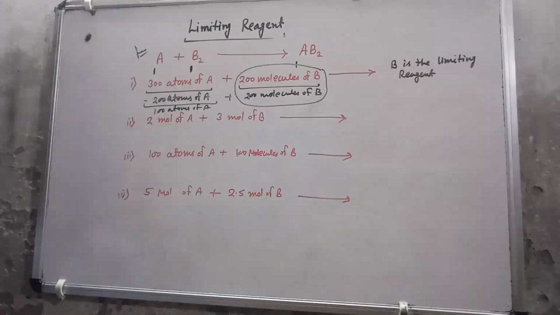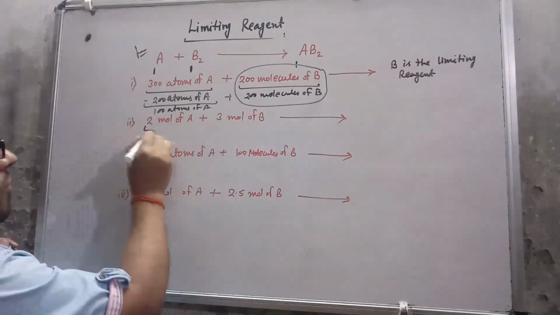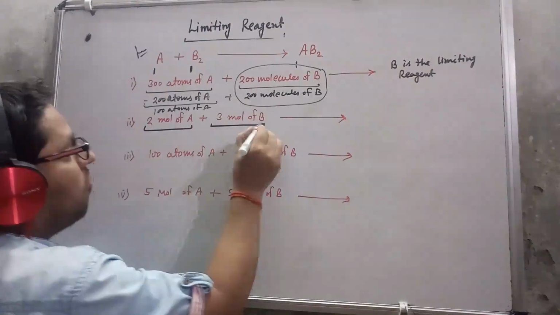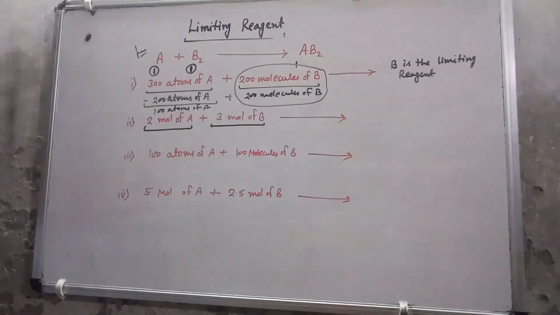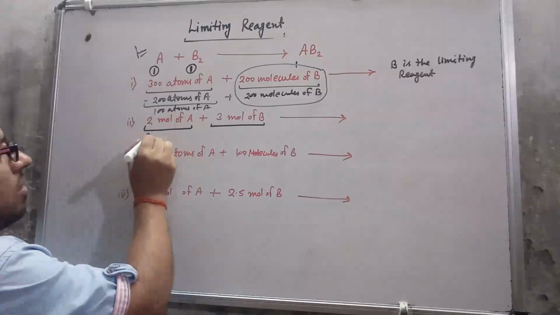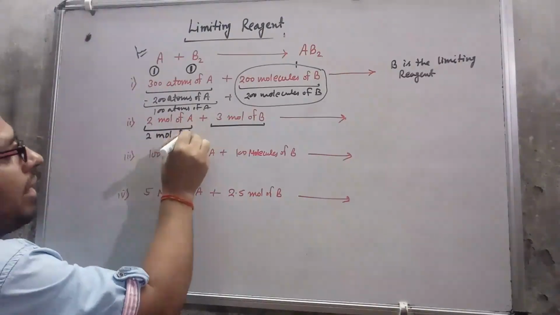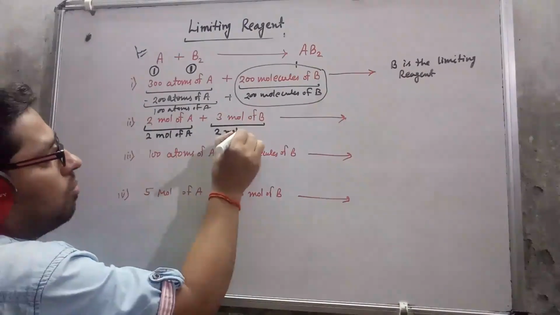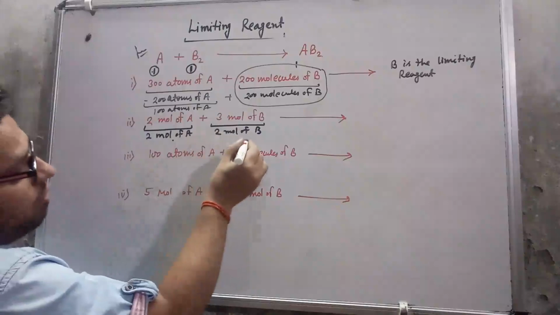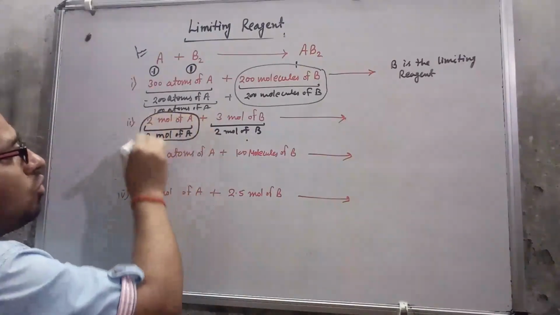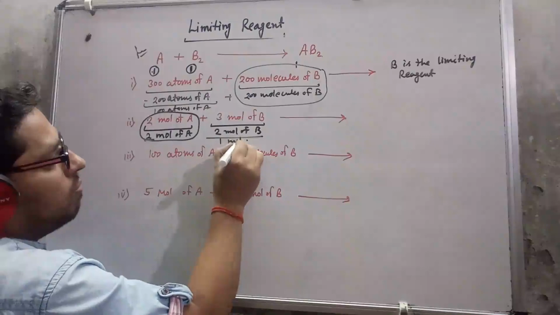Same in this, if you check, 2 moles of A react with 3 mole of B. 1 mole of A reacts with 1 mole of B, so 2 moles of A react with 2 moles of B. That means A is totally consumed, but here 1 mole of B is left.